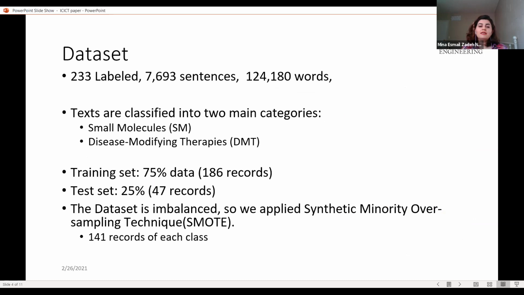So what we did is we collected all the data for them. We wrote something like a web crawler to collect the data, and we eventually got 233 labeled records about the drug texts. Our method should categorize the drugs' mechanism of action using some machine learning methods, and I'm going to talk about it in the next slides.